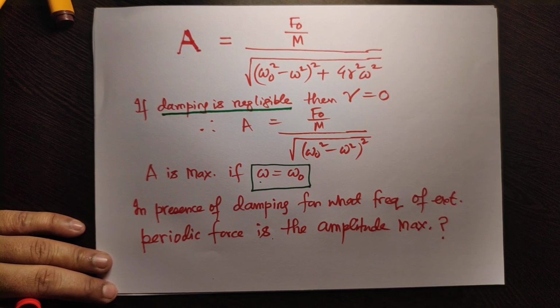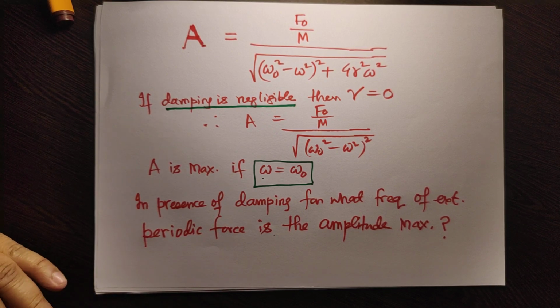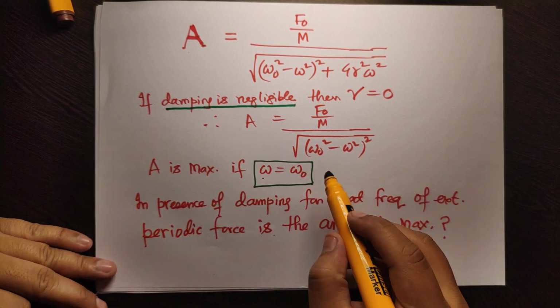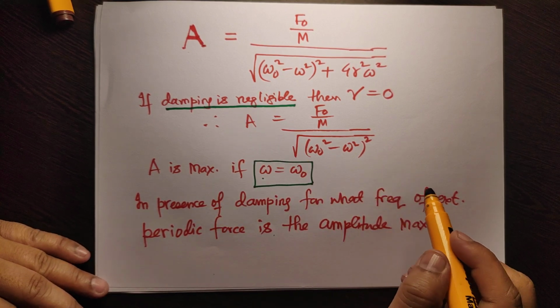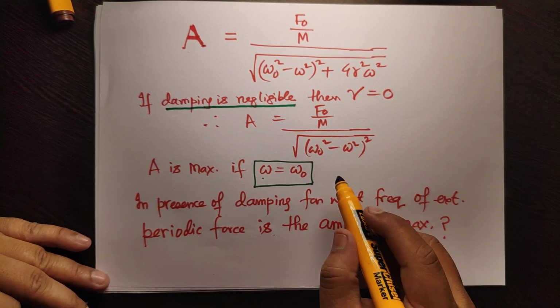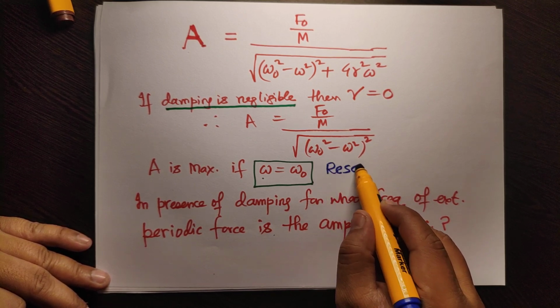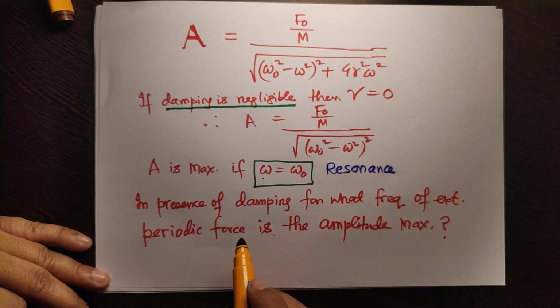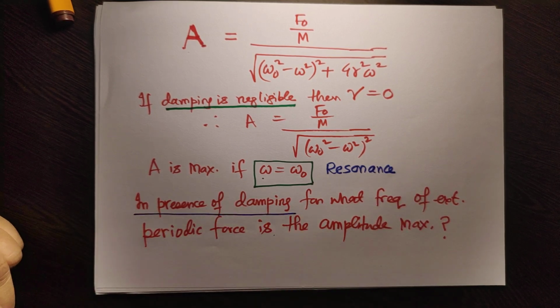Okay. By the way, this condition is known as the condition of resonance. That means if damping is negligible, the condition of resonance is the condition for the amplitude A to be maximum. So this is resonance, condition of resonance. This is also the condition of resonance in presence of damping.